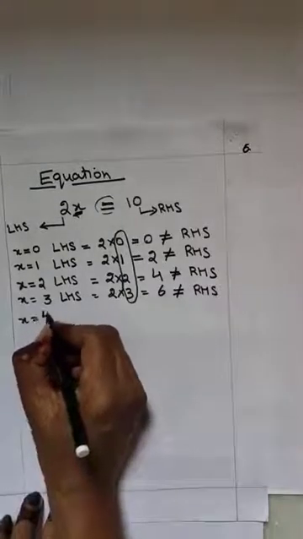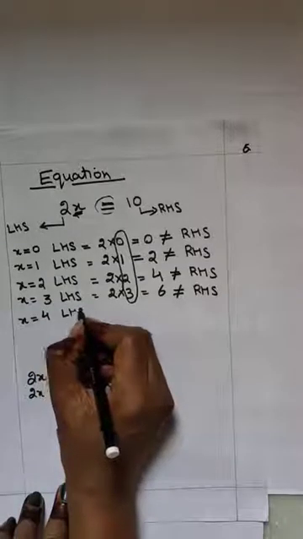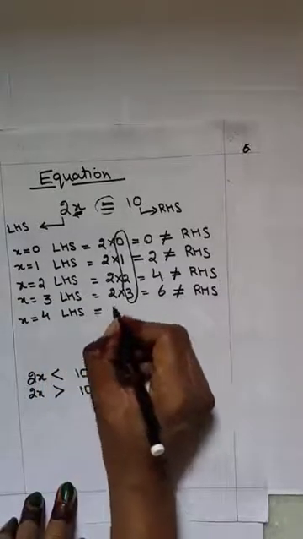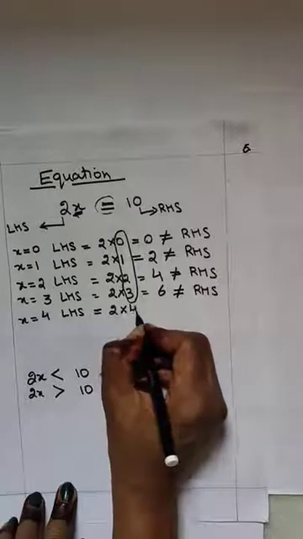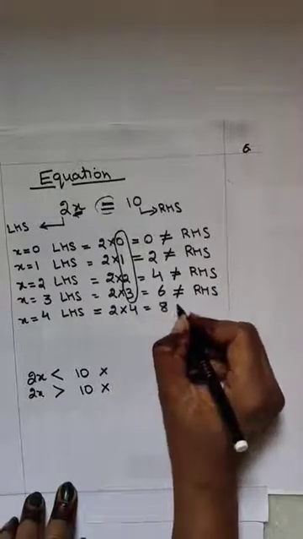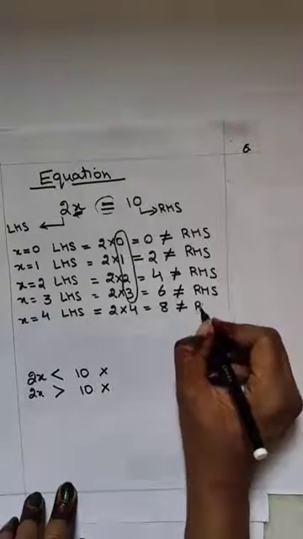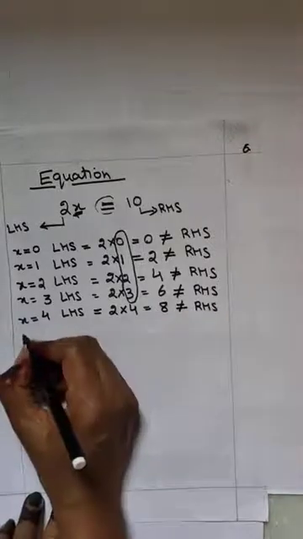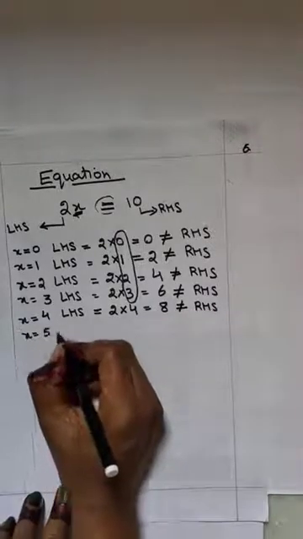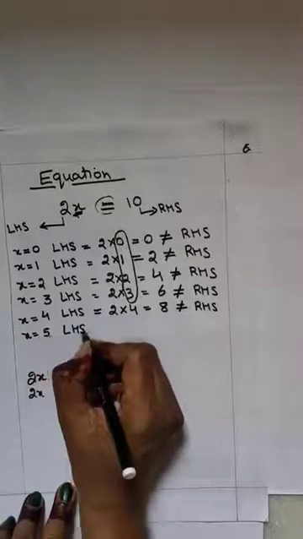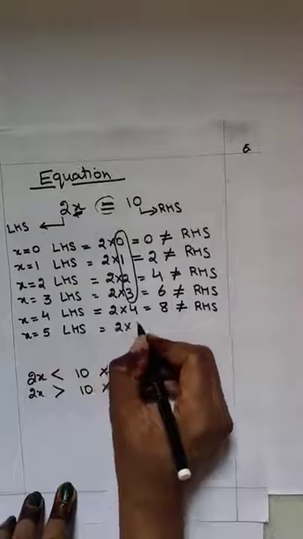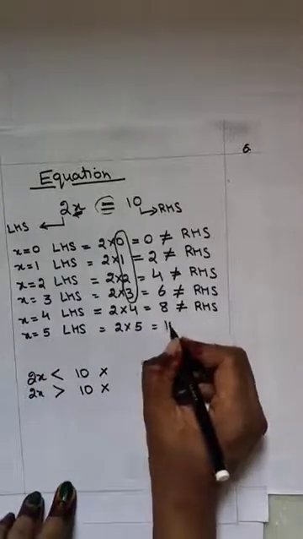When x equal to 4, left hand side is 2 multiplied by 4 equal to 8. It is also not equal to RHS. And when x equal to 5, it is 2 multiplied by 5 equal to 10.